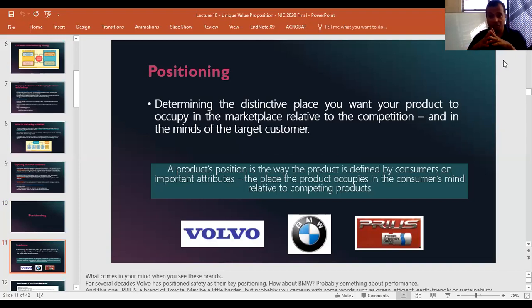We have two different definitions of positioning. One is from the company point of view and one is from the customer point of view.